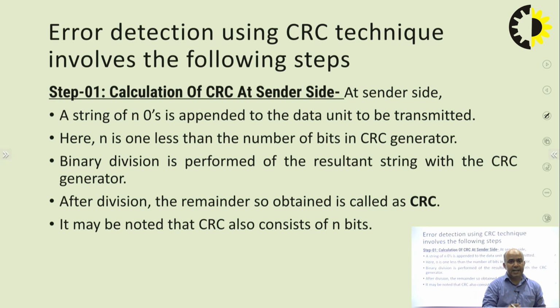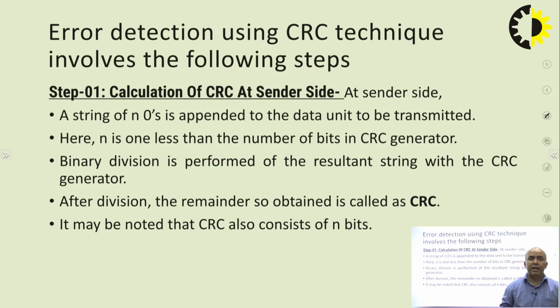Once that encoded message is added to the intended message, it is received by the receiver, and the receiver again uses the same code word in order to detect errors. So, there are certain steps that have to be done by the CRC.